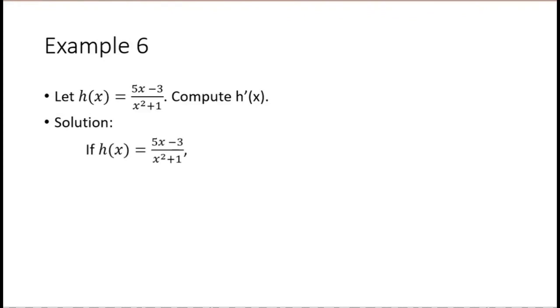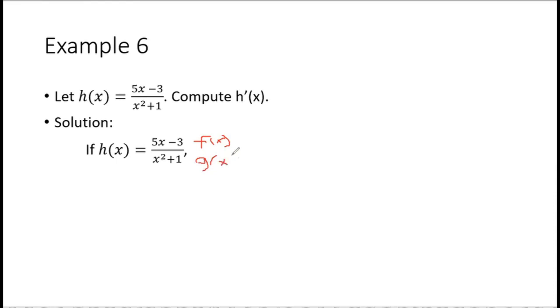So let's try the numerator function, 5x minus 3 natin, gawin natin siyang f of x. Okay? At yung atin namang denominator ay gawin naman natin siyang g of x.